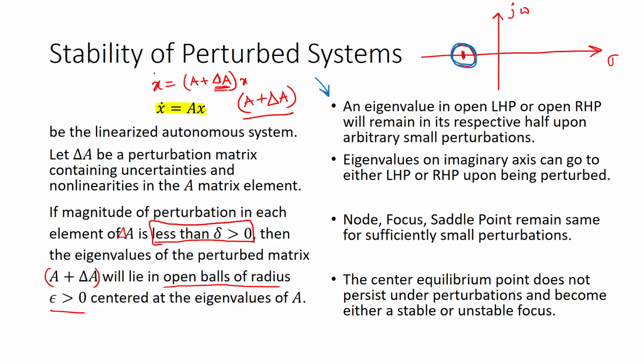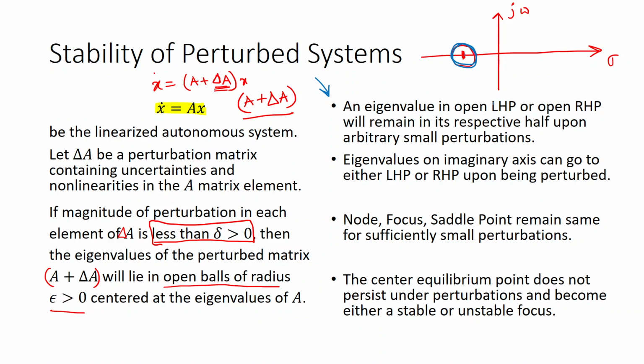Now if the eigenvalue is in open LHP, open left half plane, open left half plane means the left half plane without the imaginary axis, the open left half plane or the open right half plane will remain in its respective half upon arbitrarily small perturbations. If the perturbation is arbitrarily small, then the deviation in the eigenvalue will also be arbitrarily small.